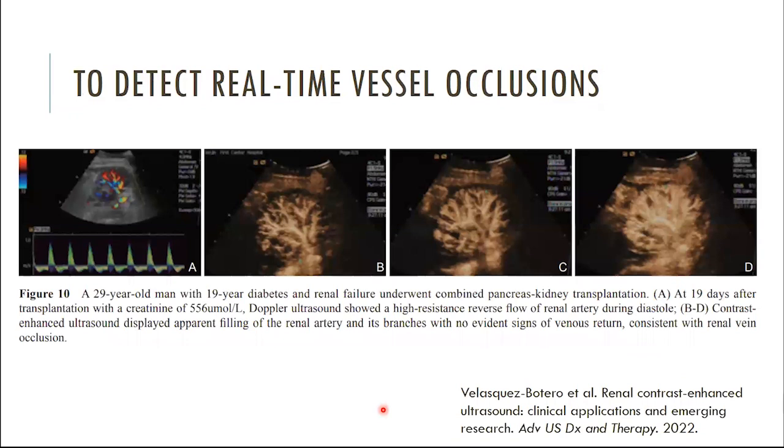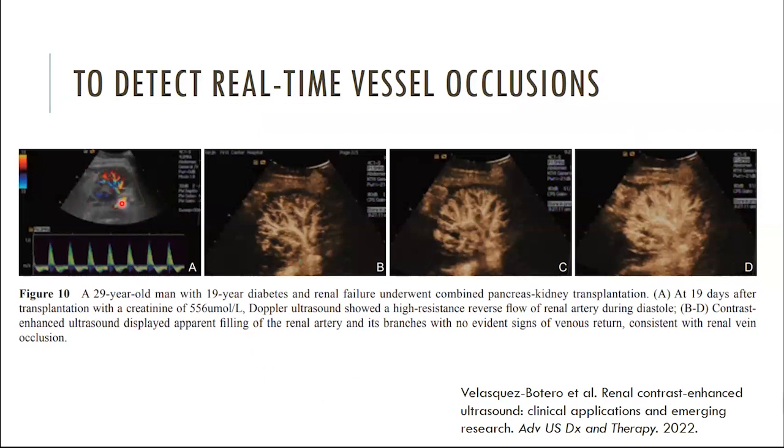As far as I'm aware, there is not clinical use for contrast enhanced ultrasound in POCUS, but in the research world, this is coming down the line. This study showed that you could use POCUS in real time with contrast enhanced agents to detect vessel occlusion. In this Doppler image, it's hard to see.